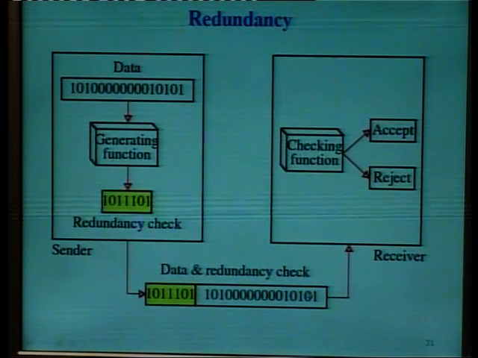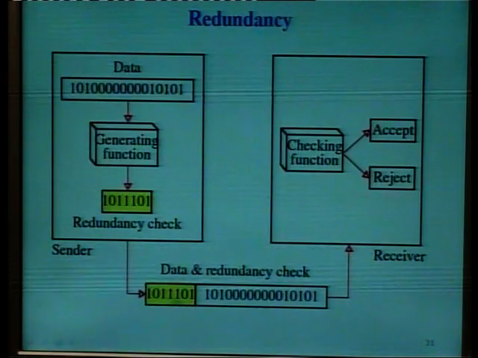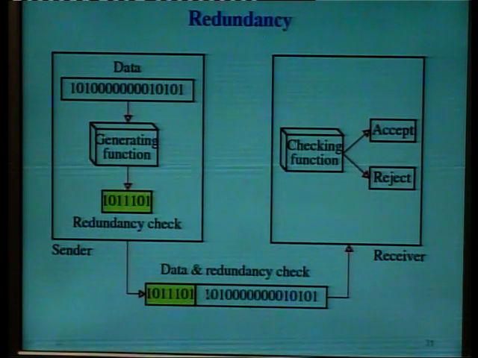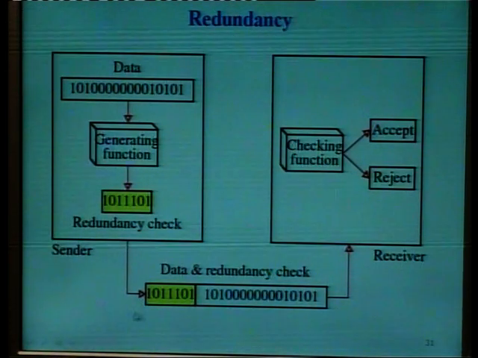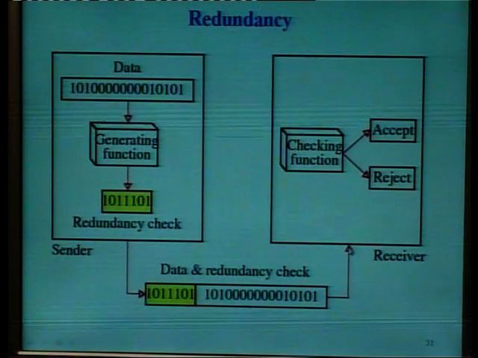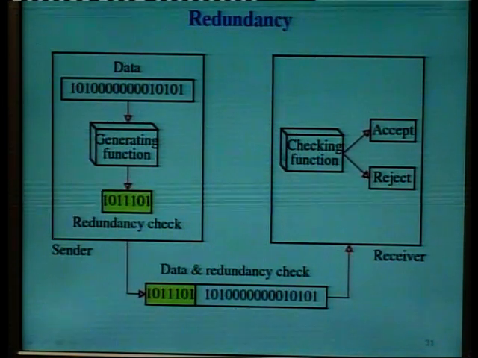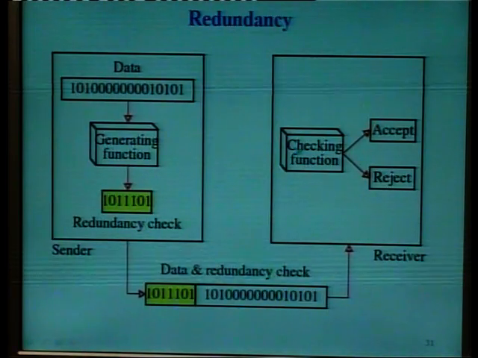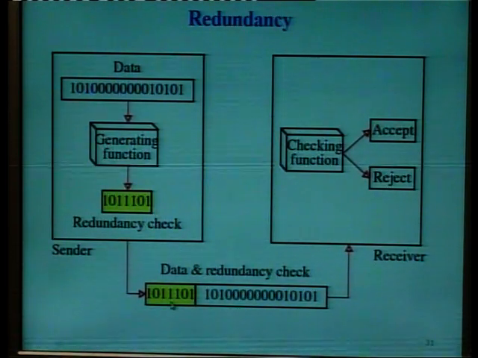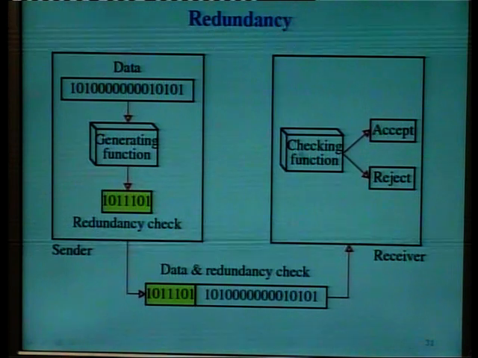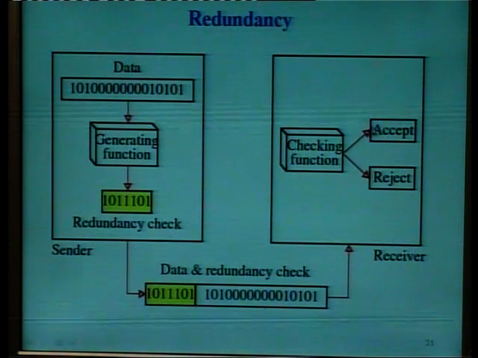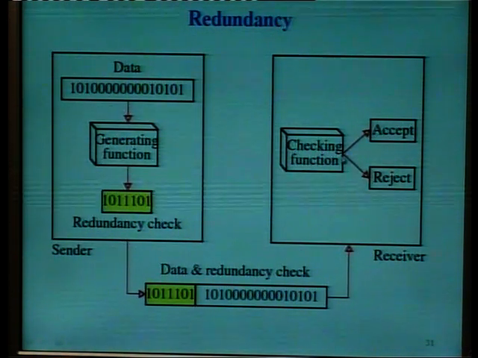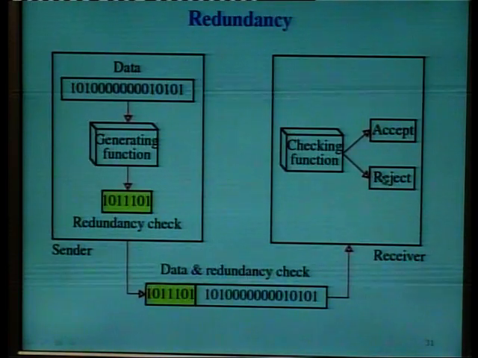Now this data along with the redundancy check is transmitted on the communication path. This communication path is always unreliable. Now at the receiver a checking function is used, and depending upon this checking function and the data received, if the data is correct it is accepted, and if it is incorrect or erroneous it is rejected.